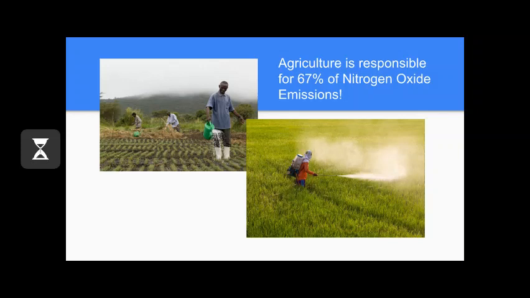And this is what causes the 67% of nitrogen oxide emissions. It's usually kind of framed as, oh, it's all pollution, but showing here as at 67%, it is a big deal with all this agriculture.